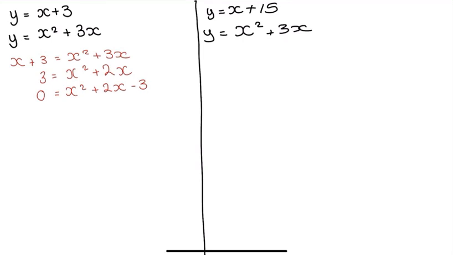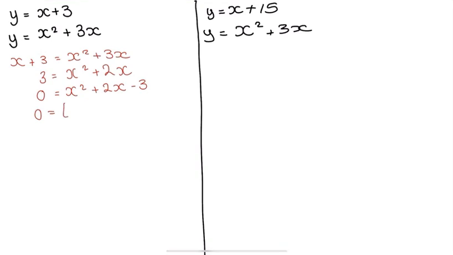Now, in order to solve this, we're going to have to factorise. So we need to look for two numbers that multiply together to give us negative 3, but add together to give us positive 2. Now, if you think about it, 3 and negative 1 are going to multiply to give us negative 3, but those two factors would add together to give us positive 2.